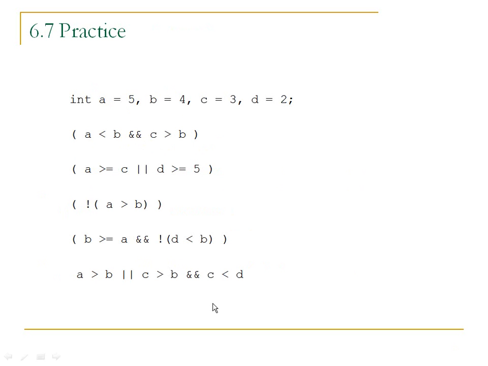I would encourage you to do these with a pencil and then go and type them in a little program in Eclipse. You could just do a system out print line and put this in it and see if it prints out true or false. It's really simple to ask the machine what the answer is to confirm that you're doing the logical operators correctly.